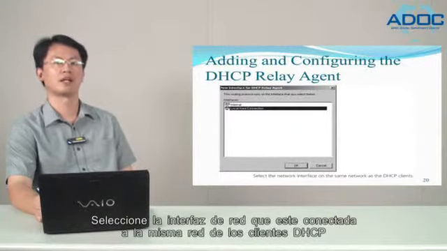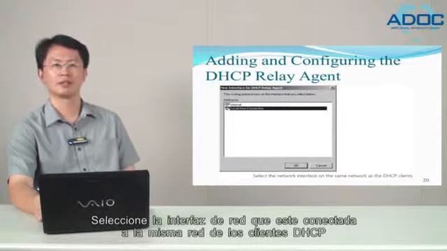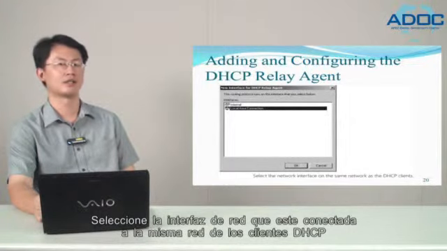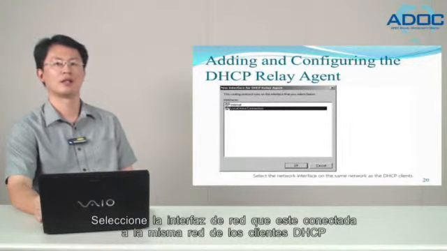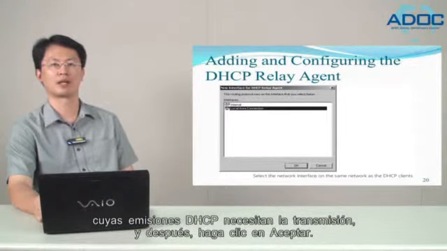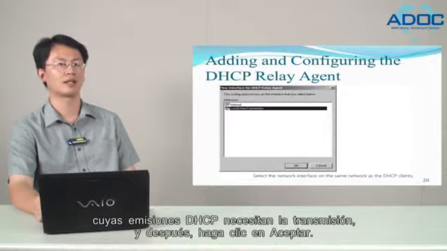Select the network interface that is connected to the same network as the DHCP clients whose DHCP broadcasts need forwarding, and then click OK.